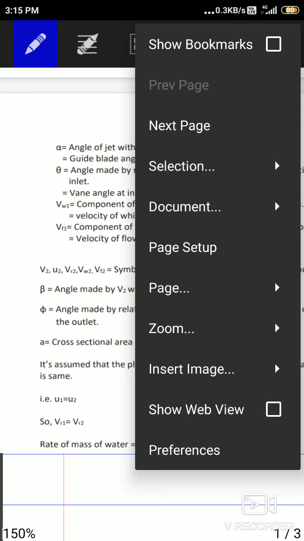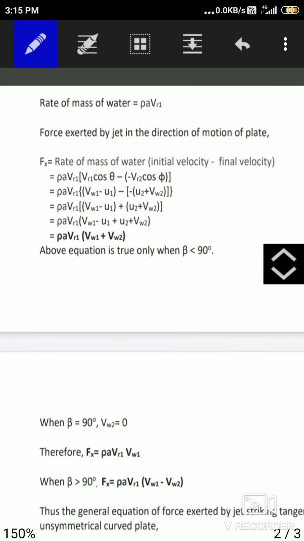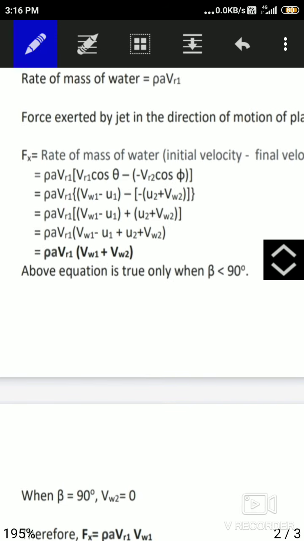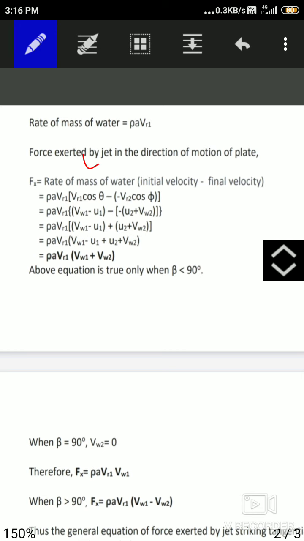Then we'll go to the next phase. Now we'll find the expression for force exerted by the jet on the plate in the direction of motion of the plate. Our formula we know: Fx is equal to rate of mass into initial velocity minus final velocity.